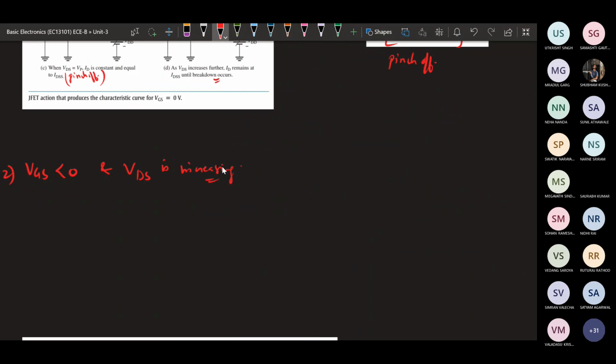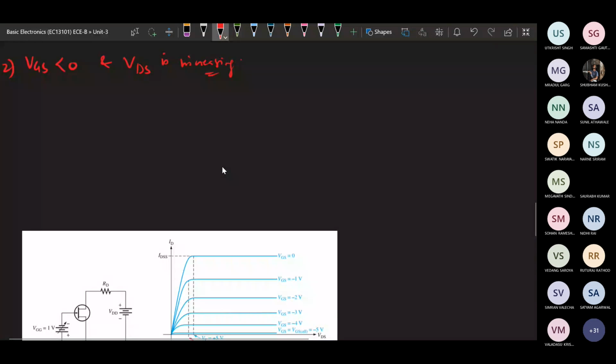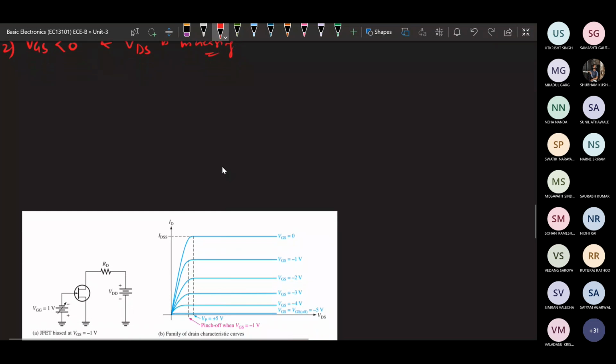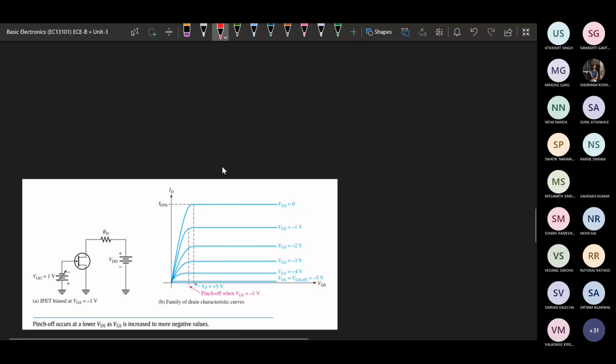Here we are going to operate the JFET with VGS less than 0, so we are going to reduce VGS. When VGS equals 0, whatever current flows after pinch off will be IDSS.